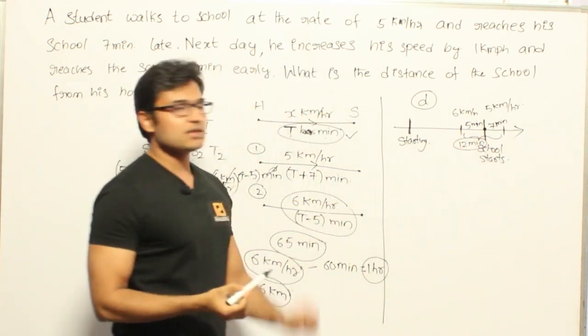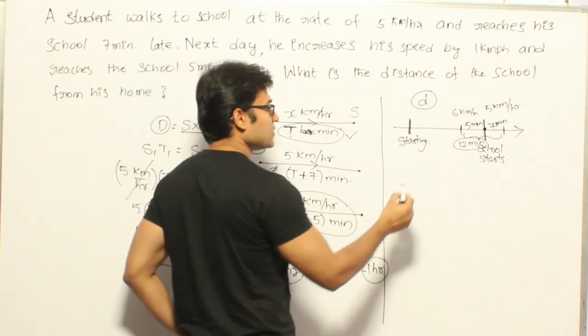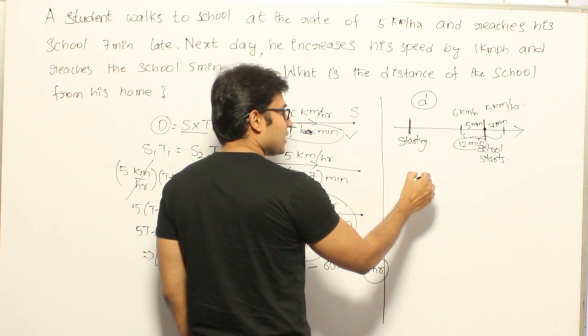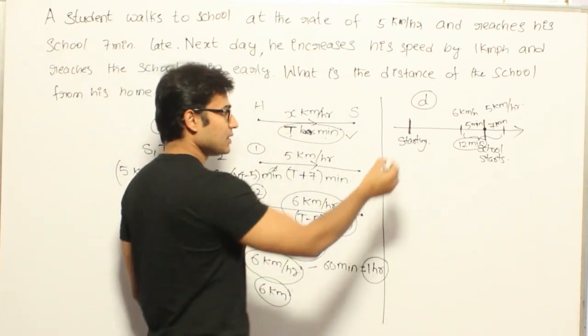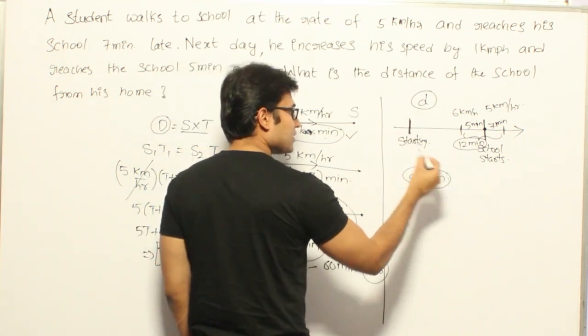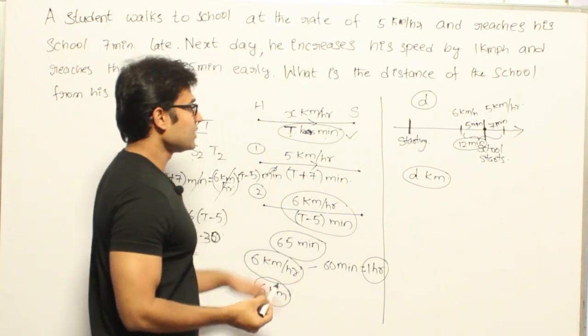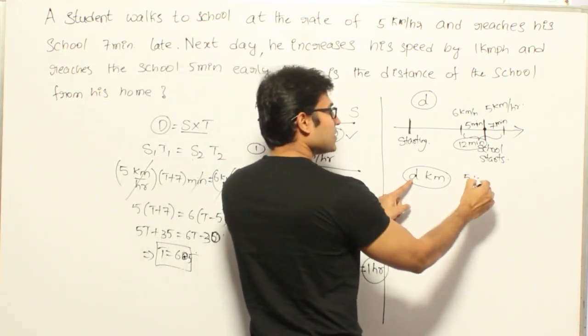Now since the distance is already constant, let us say the distance is d kilometers. Now under this condition, what is the time taken to travel a distance of d kilometers when I am traveling at 5 kilometers per hour?